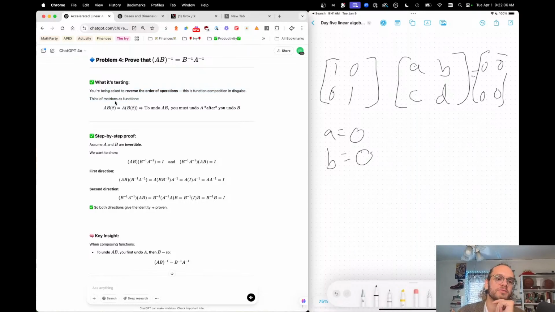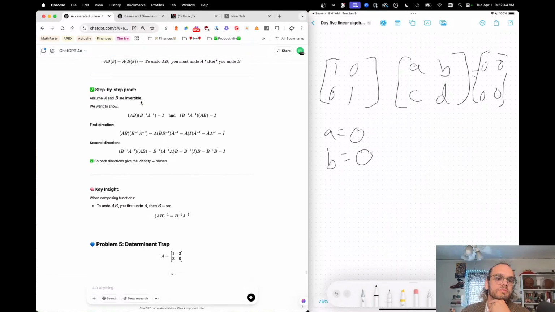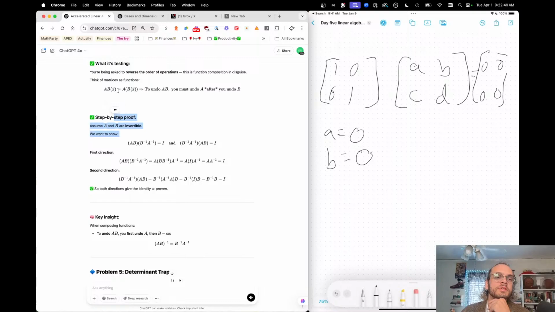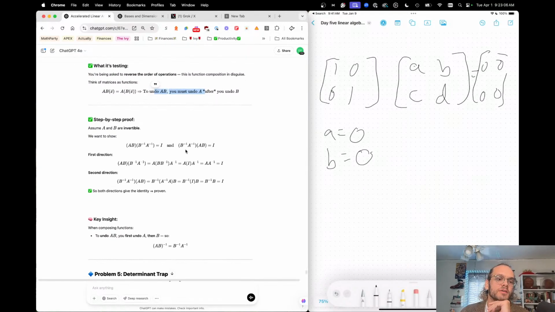So matrices are like functions, which I sort of understood. There are ways that you can manipulate a vector in terms of its angle, direction, or magnitude. So to undo AB, you must undo A after you undo B. Yeah, function composition. Inverse of B, inverse of A, AB.